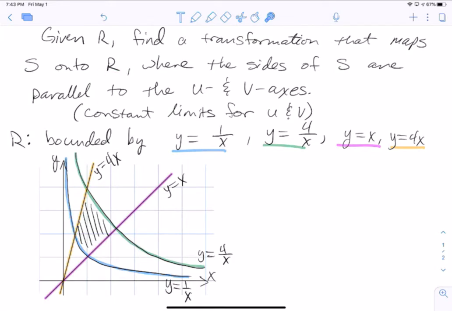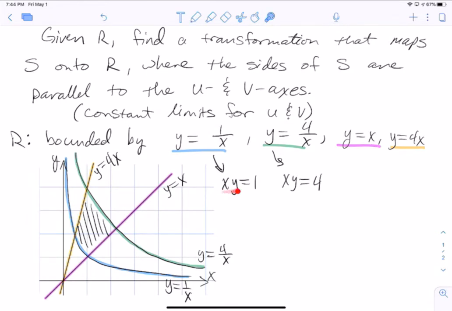First, what we need to do is make sense of these four equations. And it takes a little bit of trial and error, but we can take the first equation here, and if I clear the fraction, we get xy equals 1. And with the second equation, if I again clear the fraction, then I get xy equals 4.